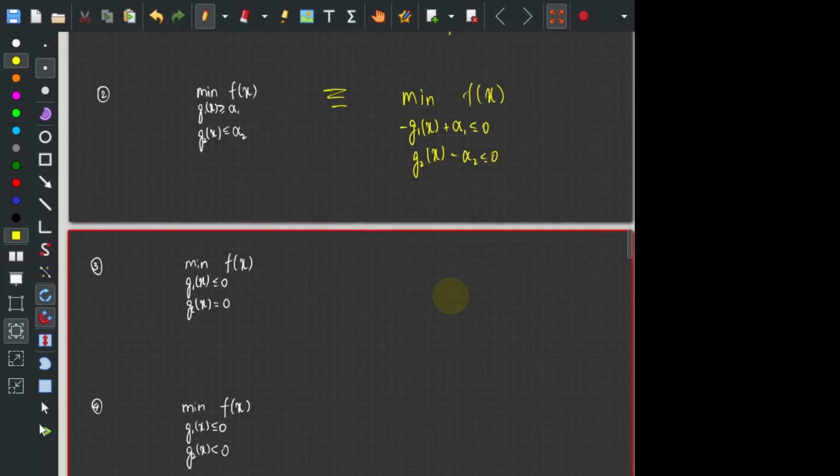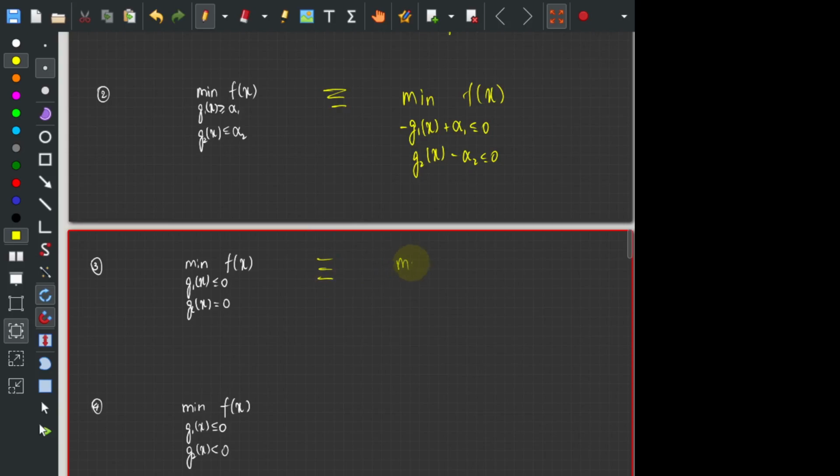Okay. Now what if I have an equality constraint? Maybe I have g1 of x less than or equal to 0, but g2 of x equal to 0. Okay, so how would you do that?